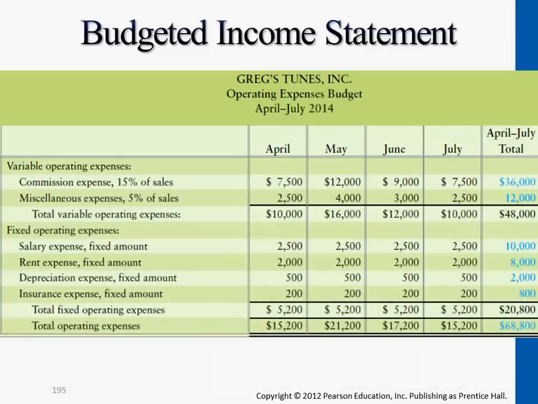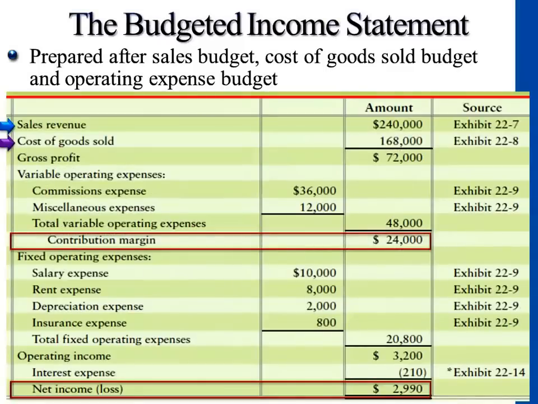And then we have all the operating expenses. You'll be copying those blue lines, adding together the variable expenses, fixed expenses to these portion here. So if we combine all these three tables, you will get to this. $240,000 from the first table, $168,000 for cost of goods sold inventory table, and the remaining is from the last one, operating expenses.